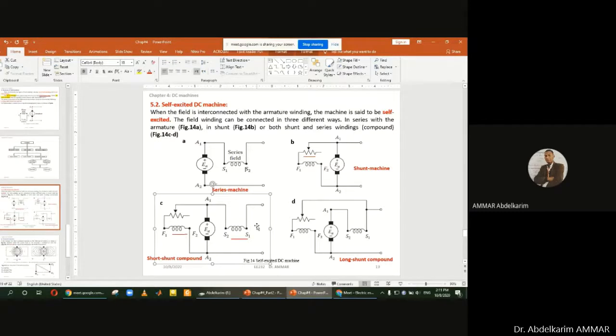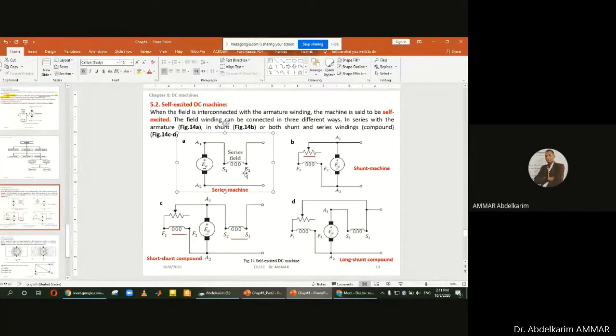They still use DC machines. In most industrial applications, they use AC machines, maybe 80%. But in the railway and tramway, they still use DC machines, especially the series machine.